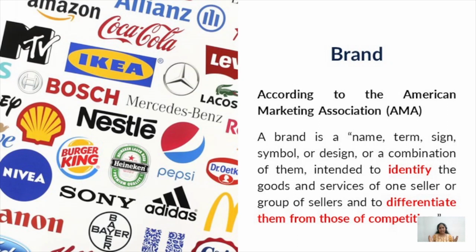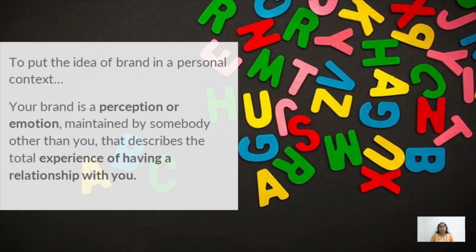So let us try to understand a bit about personal branding by moving on to our next slide. If we look at the statements that have been made here, it mentions that your brand as an individual is nothing but the perception, the emotion, but not your emotion.